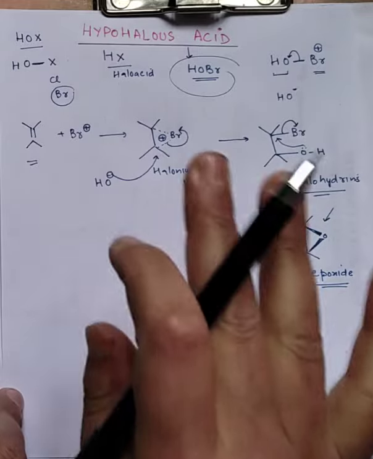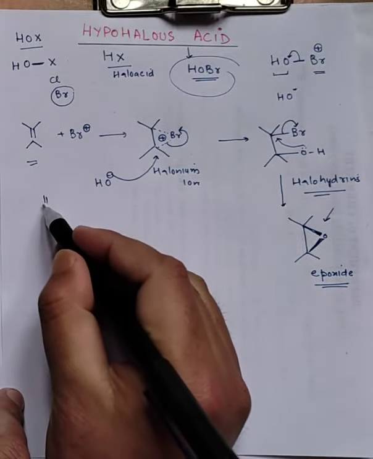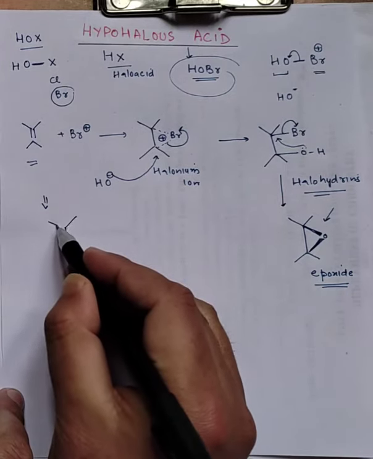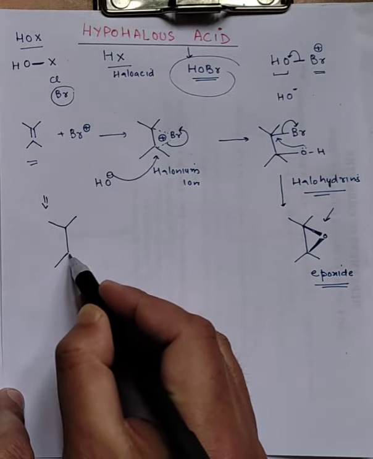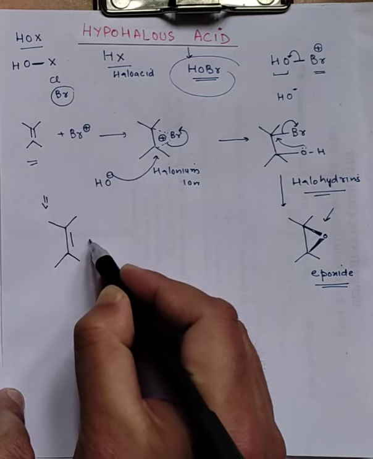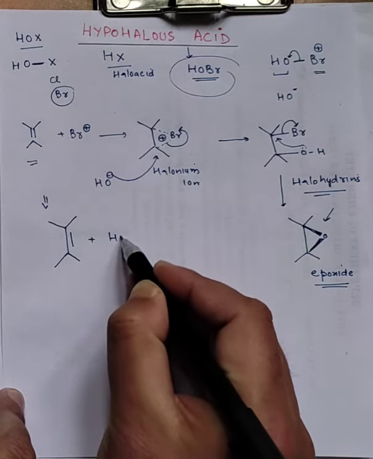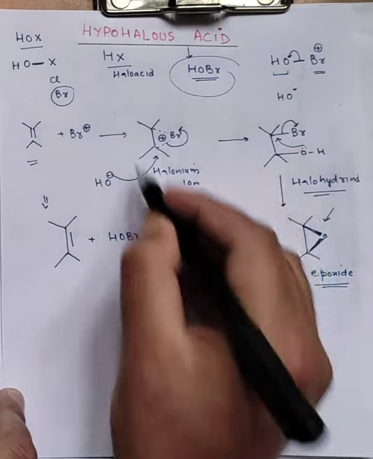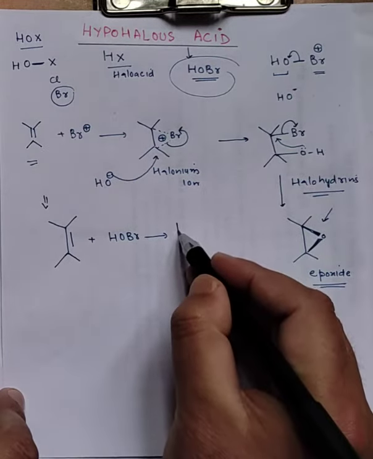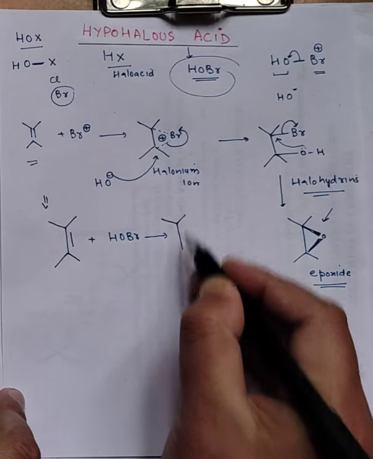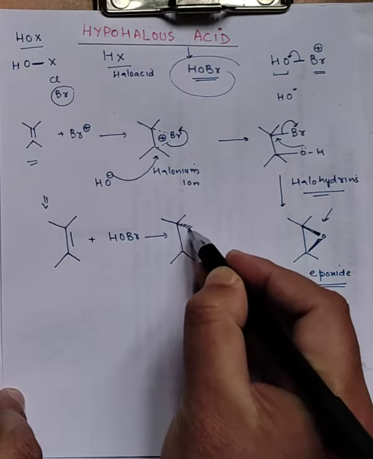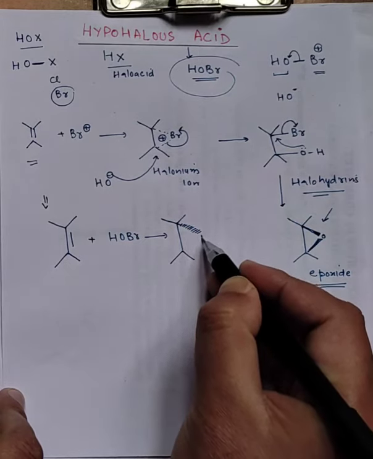So basically जो mechanism में propose हुआ वो ये है, in order to understand this, that once the double bond which we have alkene, when you treat this with HOBr, at step number 1 it will form this halonium ion. तो halonium ion में आपका जो bromine है, it will form like this.